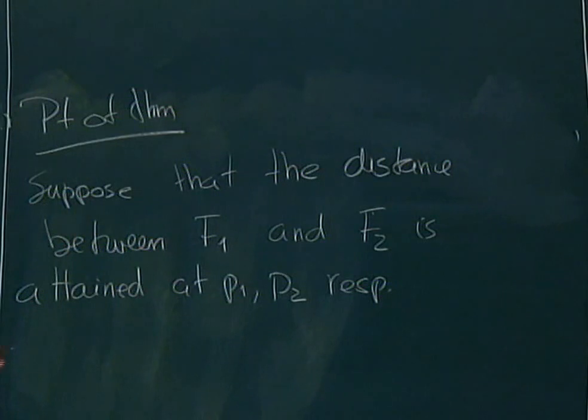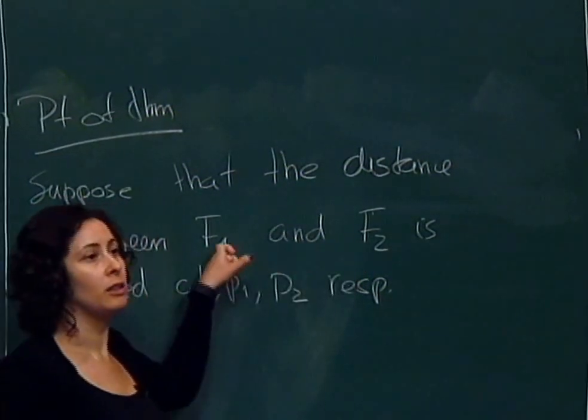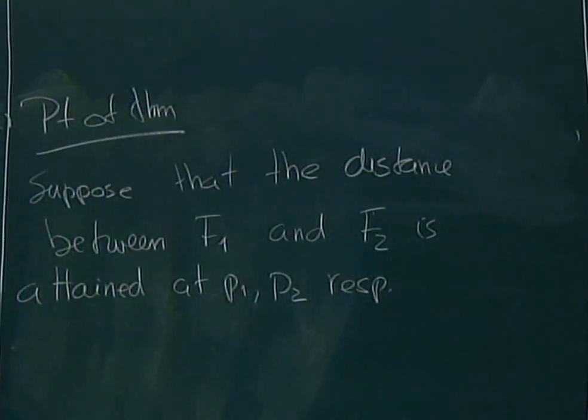If the distance is attained at these 2 points, that means that the tangent planes at those points are parallel. That's just because of the minimality.